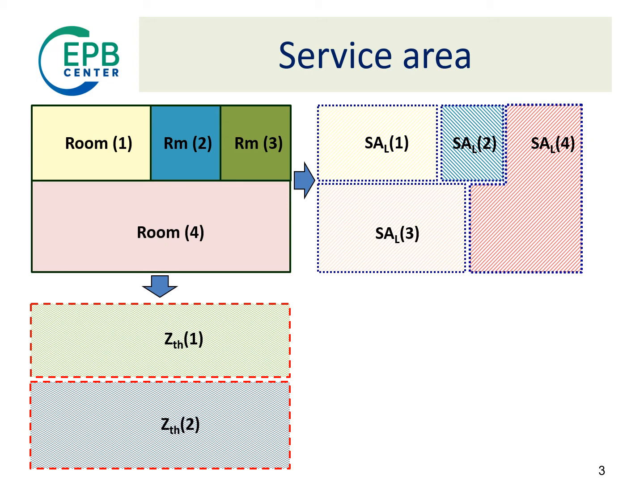Cooling service areas SAC, ventilation service areas SAV, etc. In this example, there are 4 lighting service areas. Each lighting service area has different energy properties for lighting, but within one lighting service area, it is more or less the same.